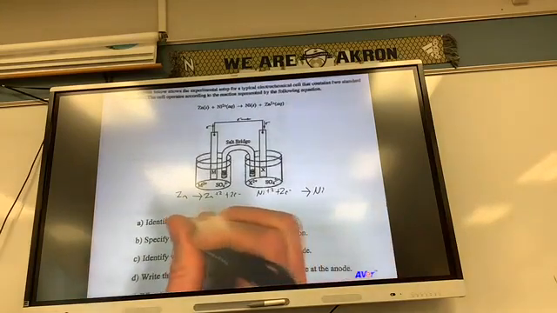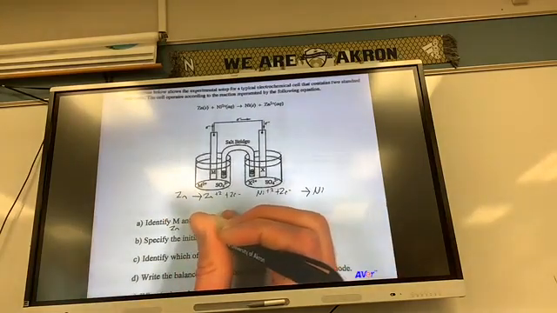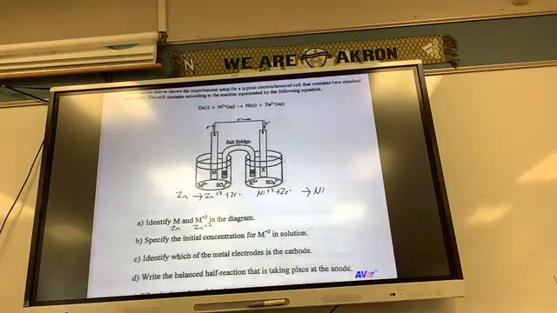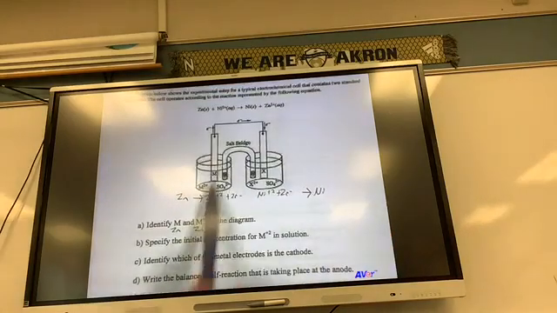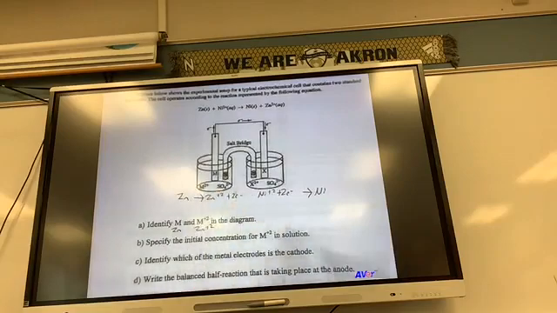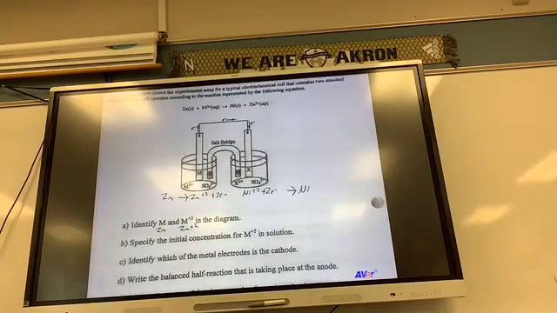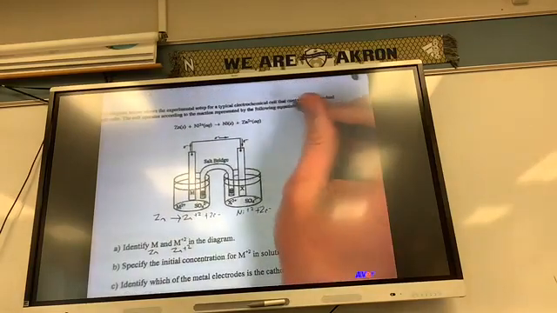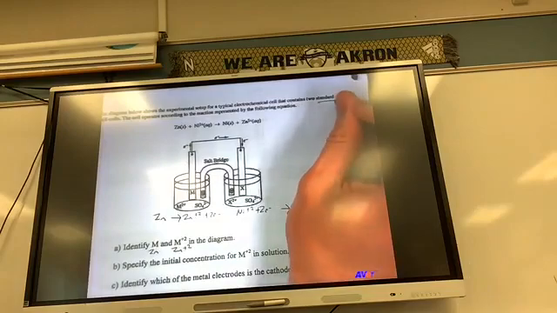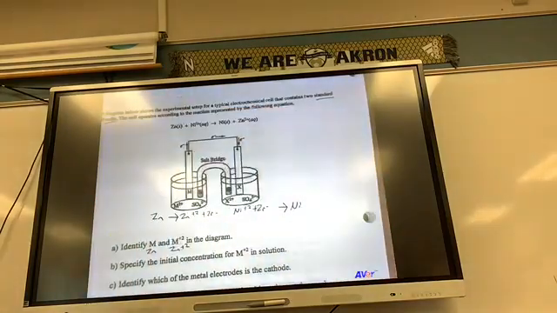So M is what? It's zinc. M plus 2 is Zn plus 2. It has to be, it's in the same cell. B, specify the initial concentration for M plus 2 in the solution that contains 2 standard half cells.